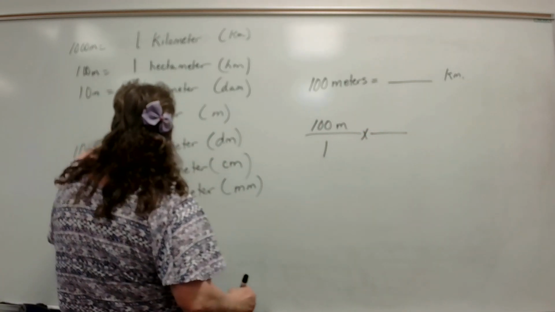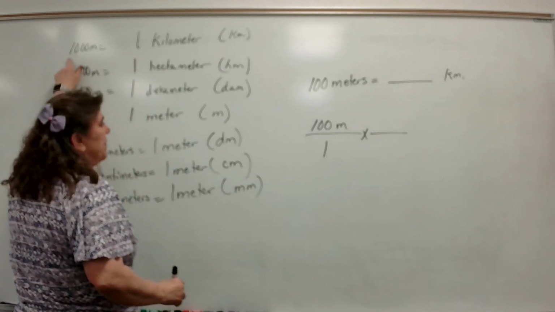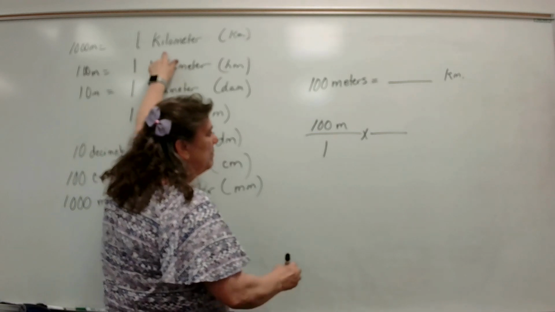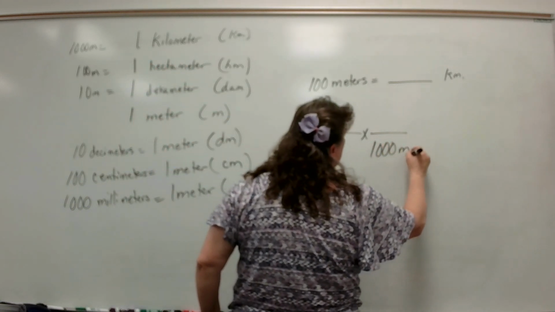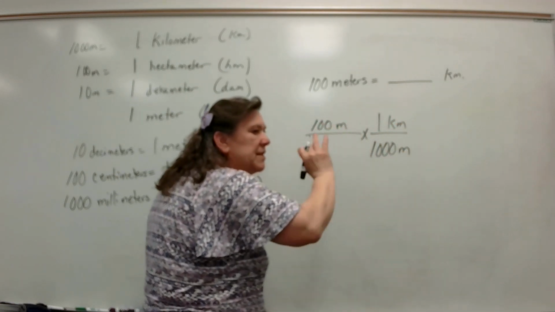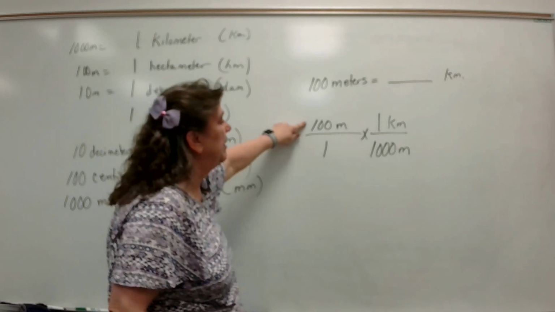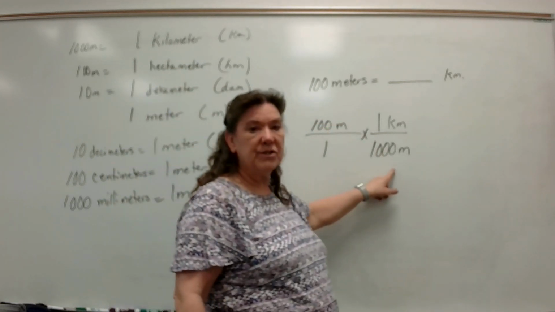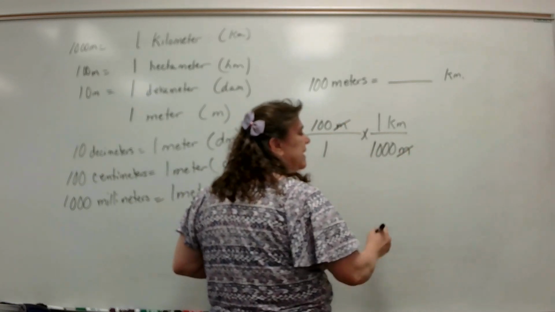Well, how many meters are in 1 kilometer? It's 1,000 meters in 1 kilometer. So my 1,000 goes on the bottom, and my 1 kilometer goes on the top. You can flip these back and forth. Since I have 100 meters in my numerator, I have to have my meters in my denominator, because that permits your units to cancel out.